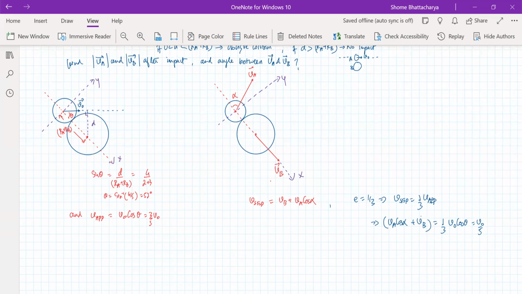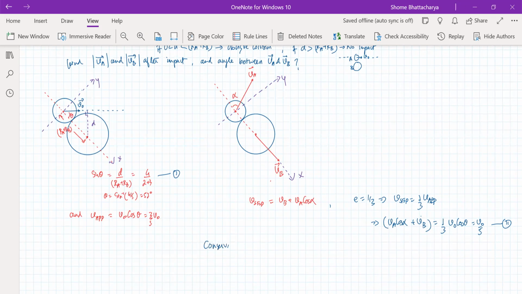So this is a second equation we have. The first equation was that sin theta was d upon r. So in all, you will see how many unknowns we had: theta, alpha, VA, and VB. So 4 equations we require. 2 we are getting like this. The other 2 we will get from conservation of momentum.